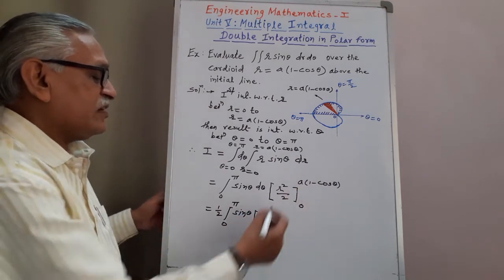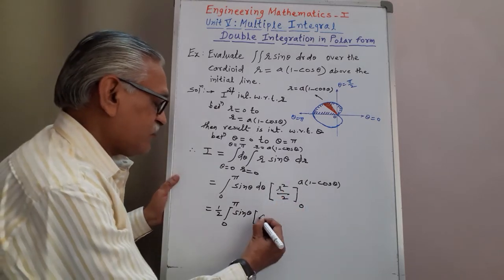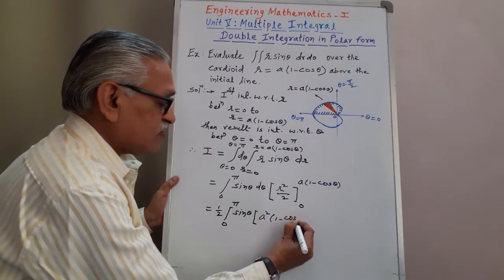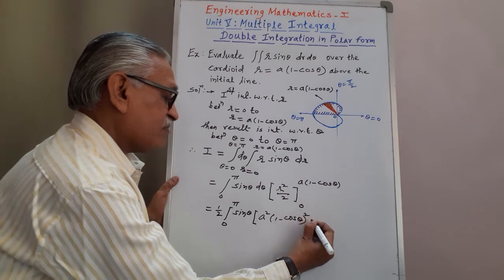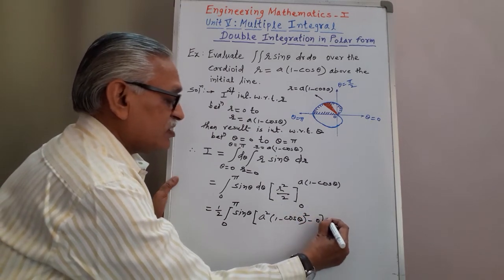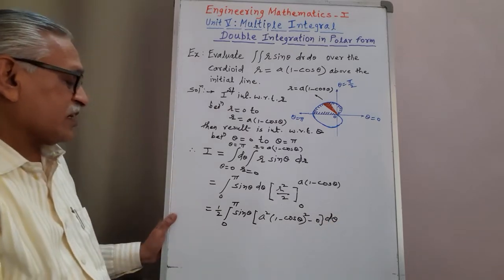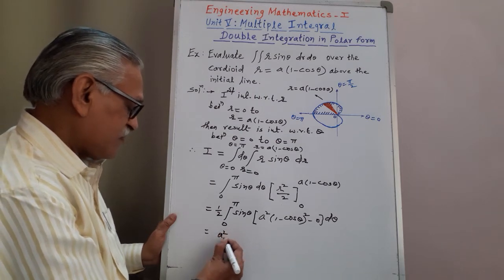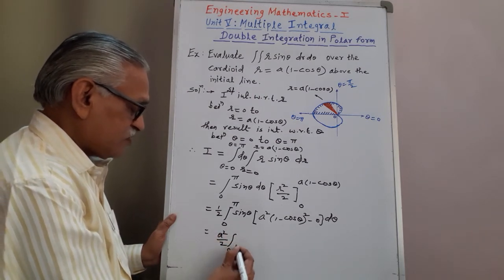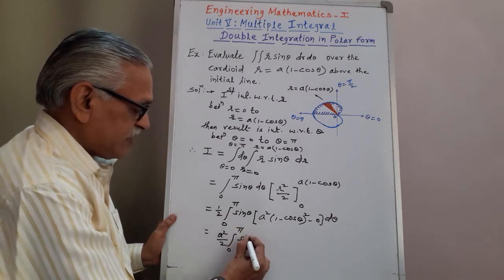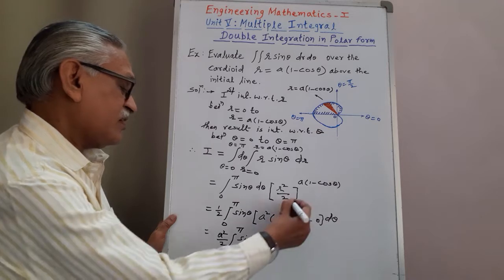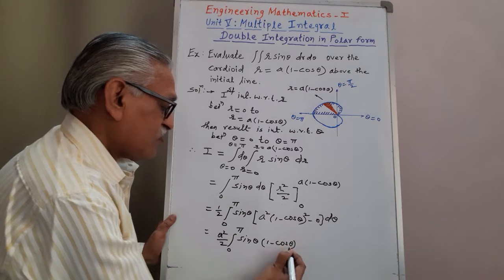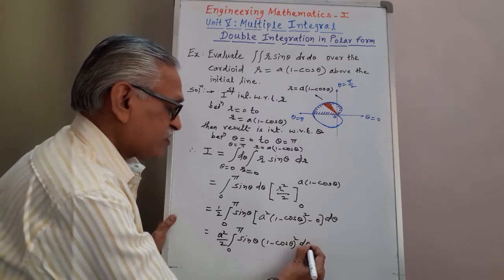Substituting the upper and lower limit, the upper limit becomes a square into 1 minus cos theta square, minus the lower limit at 0, and then its integration with respect to theta. A square is constant, we can take it outside. Therefore, it is a square by 2, limit from 0 to pi, sin theta as it is, into 1 minus cos theta bracket square with respect to theta.